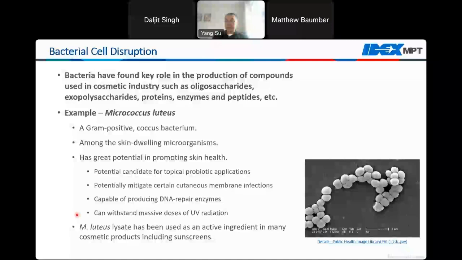And one other interesting property of this bacterium is that it can produce pigments within them, which allow them to withstand massive doses of UV radiation, which means they can not only be used as active ingredients in many different cosmetic products, but also in products such as sunscreens.